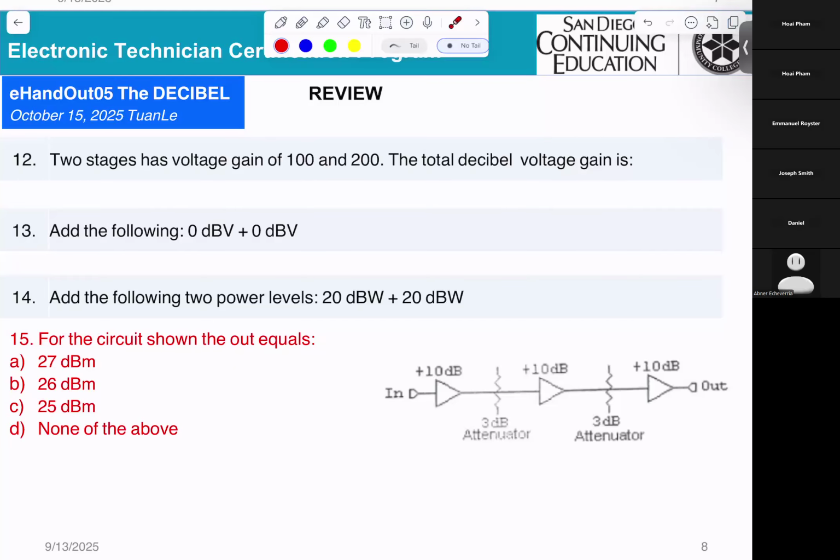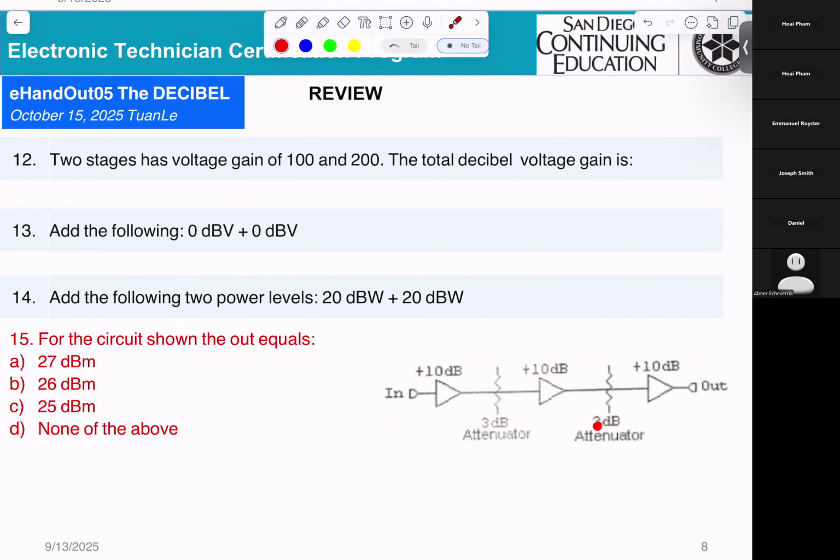The way I understand it, starting off at the front is 10 minus 3, which is 7 left over. Added to 10 is 17. And I don't know what you do with the 17. Lose 3, right?